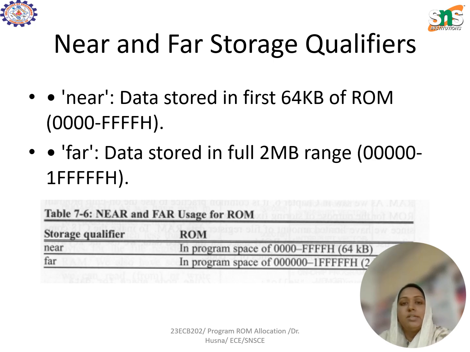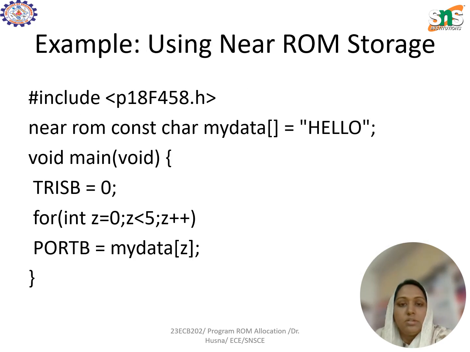For example, assume we want to store data. Here you can see the word hello being stored, each string character being stored using this for loop, and it is displayed using the code.